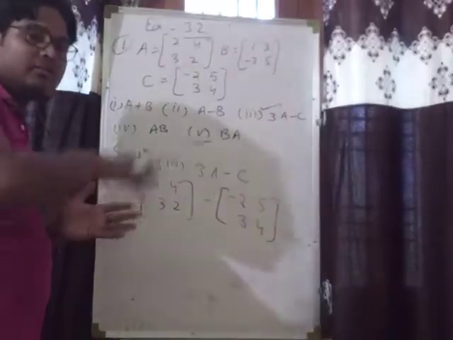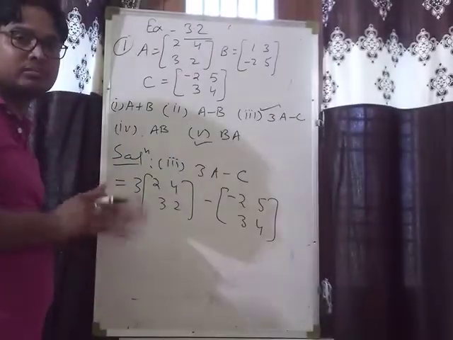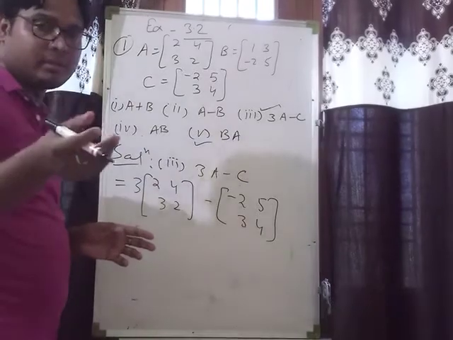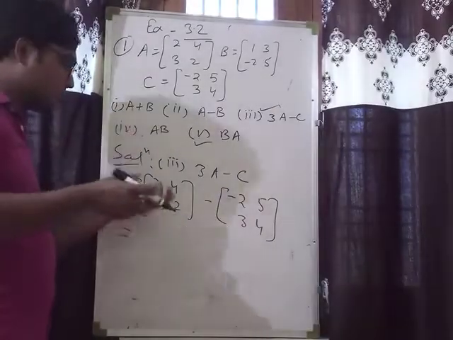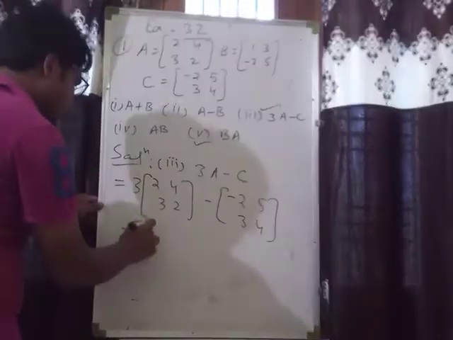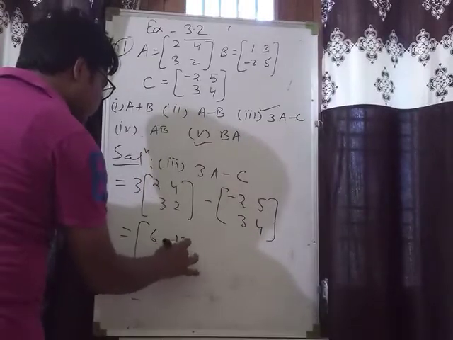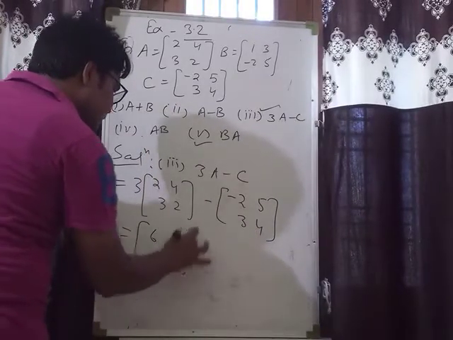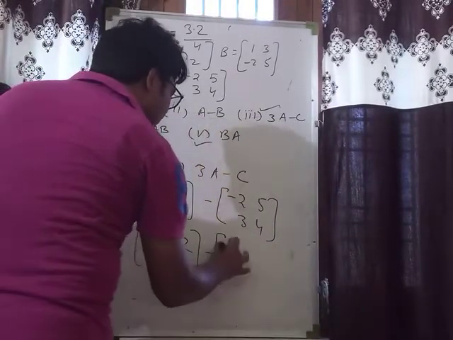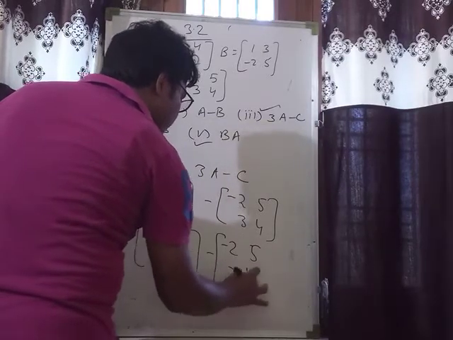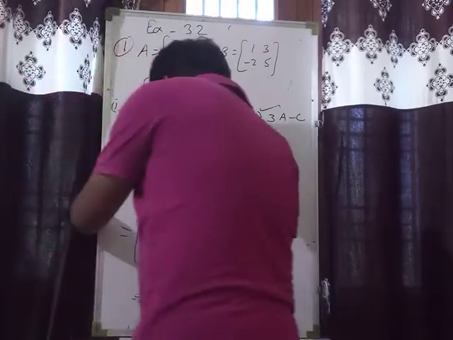So when I scalar multiply to any matrix, it should multiply each element which contain this matrix. So 3 2 ja 6, 3 4 ja 12, 3 3 ja 9, 3 2 ja 6 minus minus 2, 5, 3, 4.